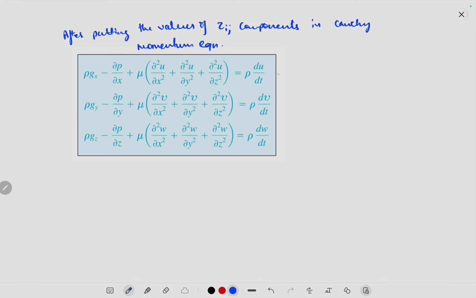Okay, so this is the equation that we get for the x, y and z axis, with this d by dt sitting here as the material derivative.